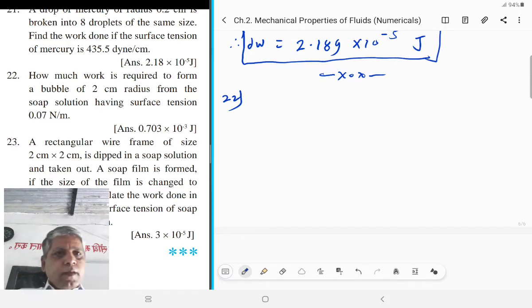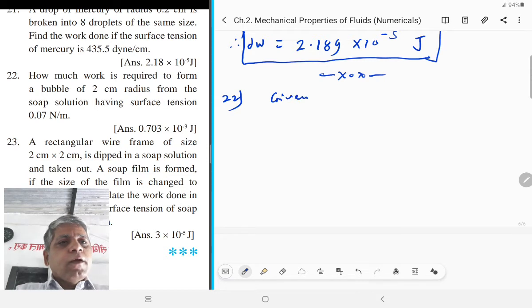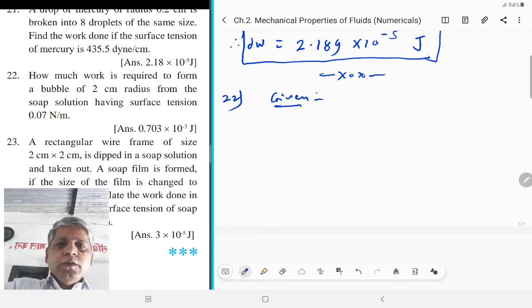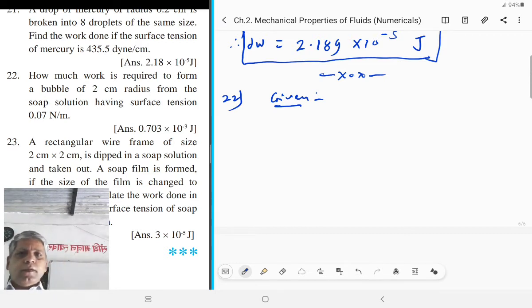Here given that bubble is created from soap solution, so initially the radius of the bubble is 0 and final radius is 2 centimeter.